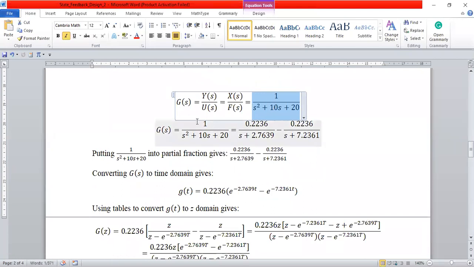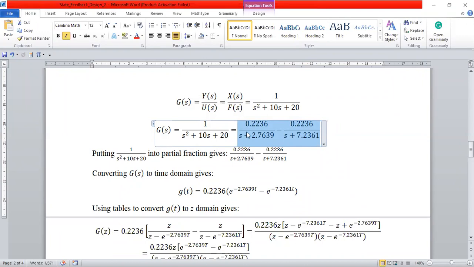So we've done that before. The first step is to break the equation down into partial fractions. Sorry, I skipped that step.